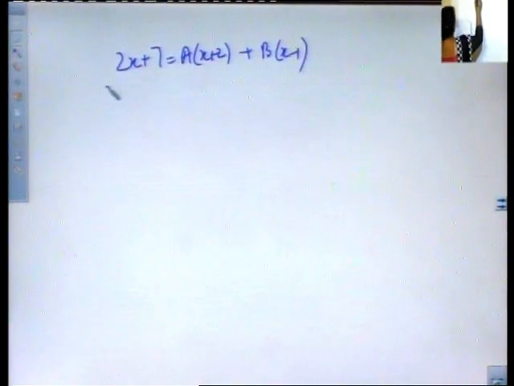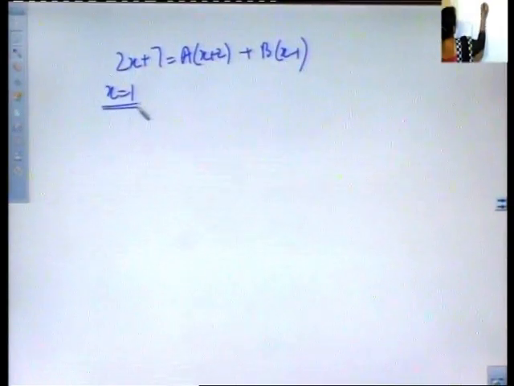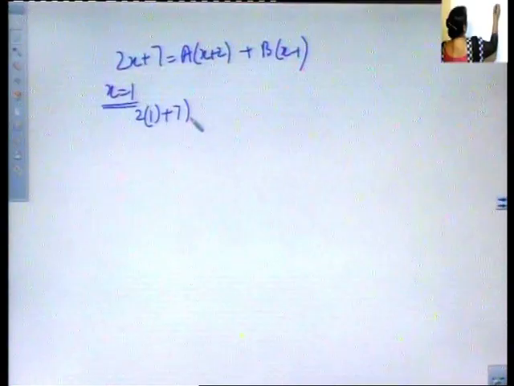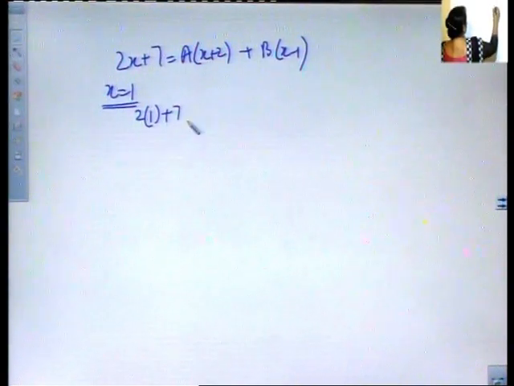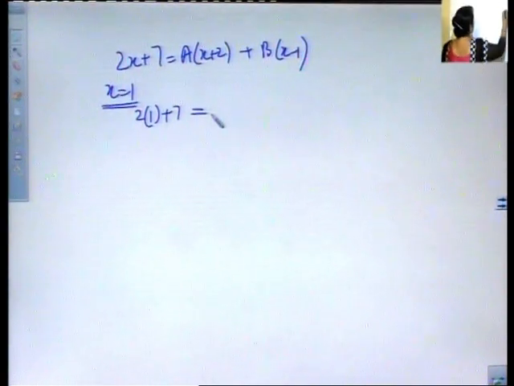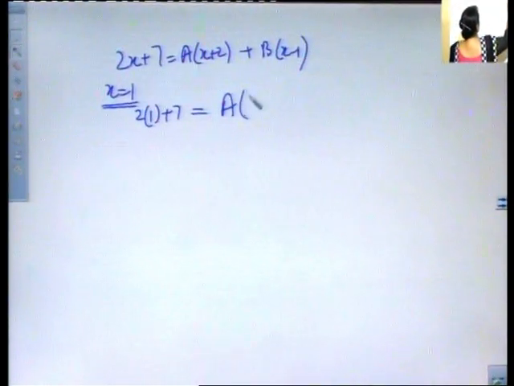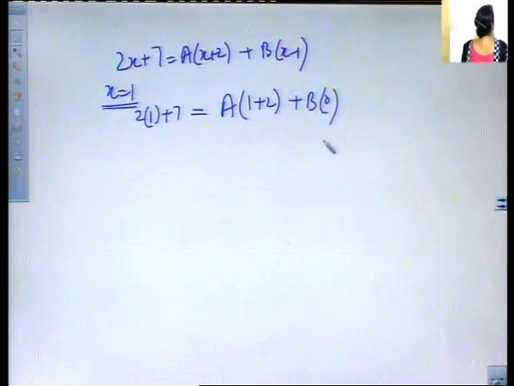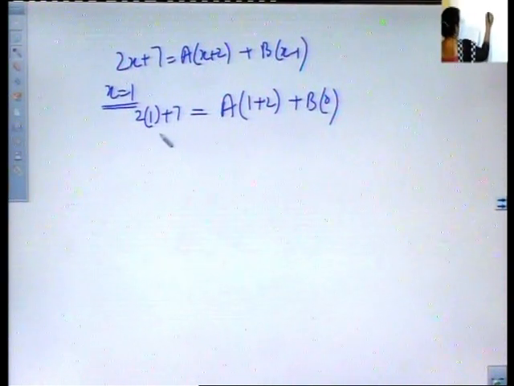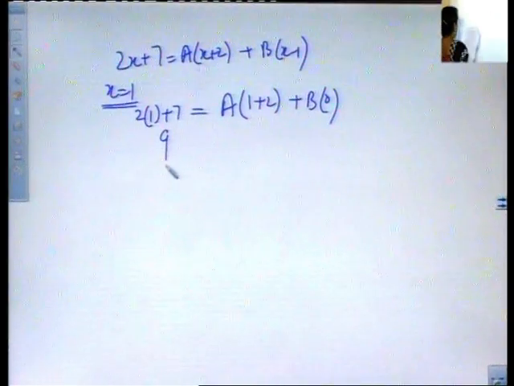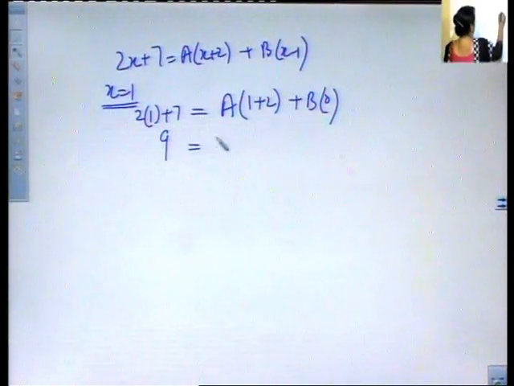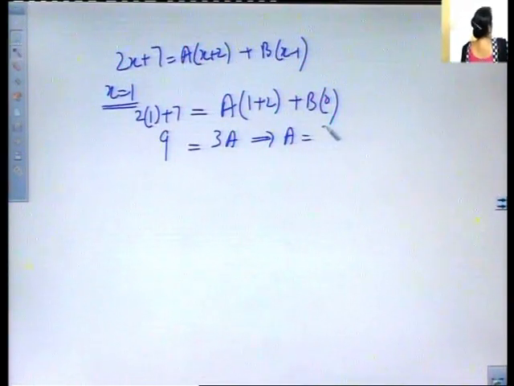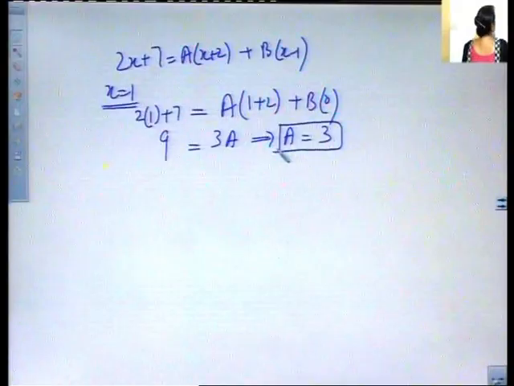So if we put x is equal to 1, we get 2 into 1 plus 7 is equal to a(1 plus 2) plus b into 0. So this is 9 is equal to 3a. This implies a is equal to 3.